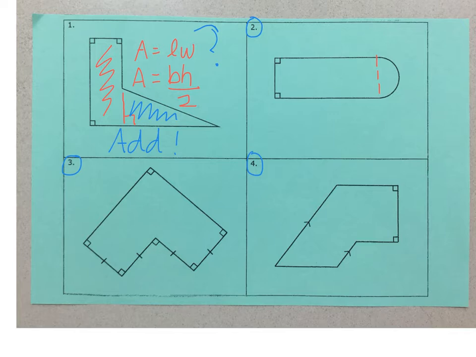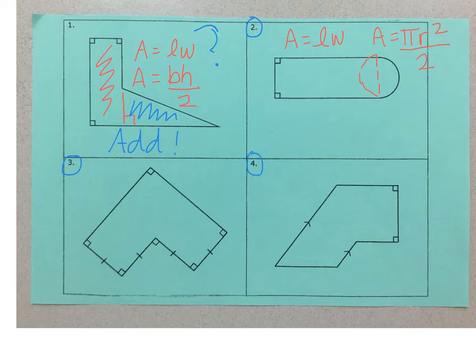Well, this would be, again, length times width. And then for the circle, you would have A equals pi r squared, and then divide it by 2. Why? Because you only have half of the circle there. Okay?